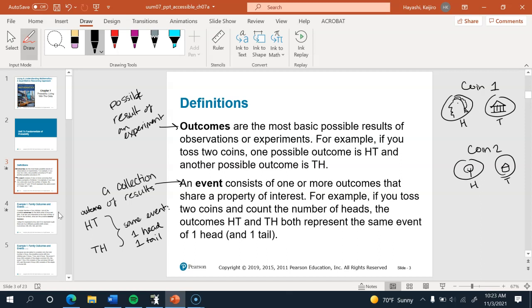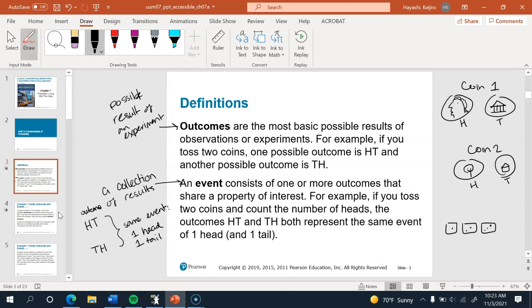So likewise, if you rolled 3 dice, and you were interested in whether they came up as 1, 2, and 3, that would be a particular outcome, yes.